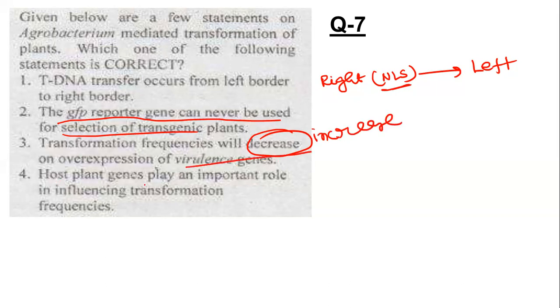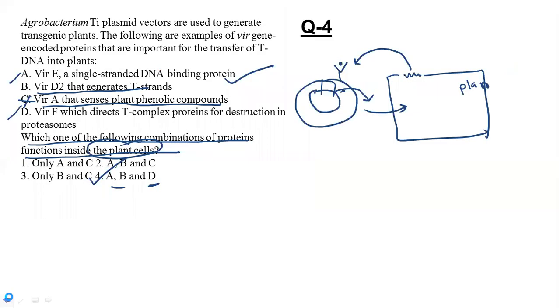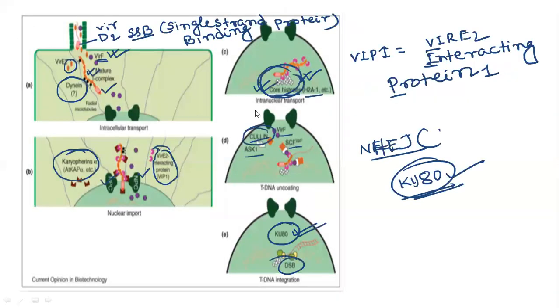So host plant genes play an important role in influencing transformation frequency. Yes, host plant genes, because we have seen that Agrobacterium hijacks the plant genome. Here we can see the involvement of host machinery, because it is interacting with the H2A histone protein, VIP1 (VirE2 interacting protein 1), and here the Q80 proteins are also involved.